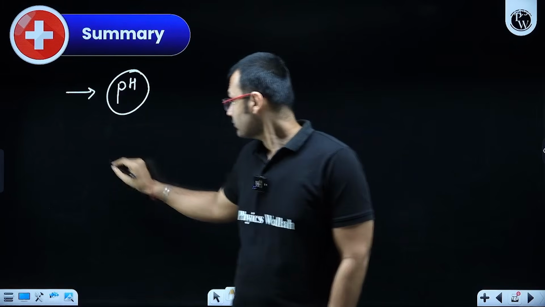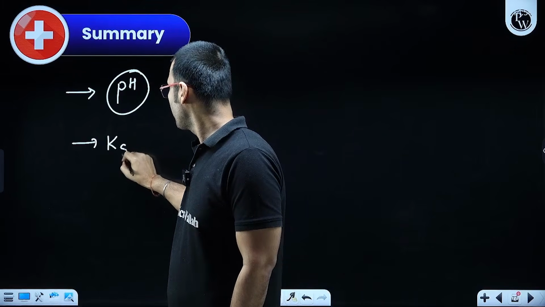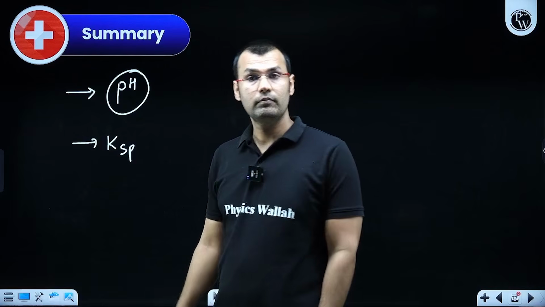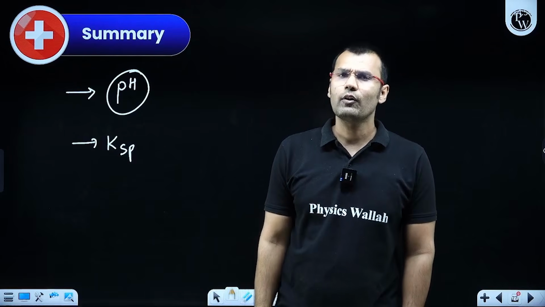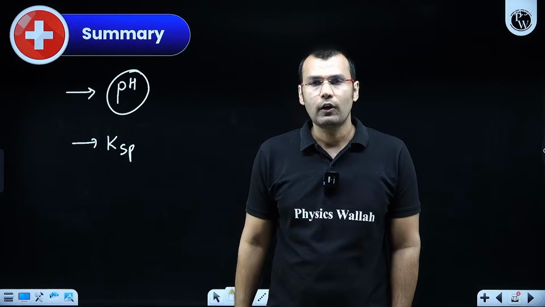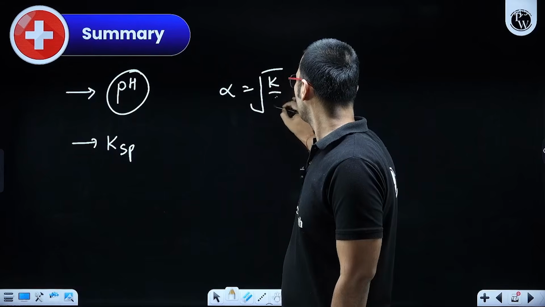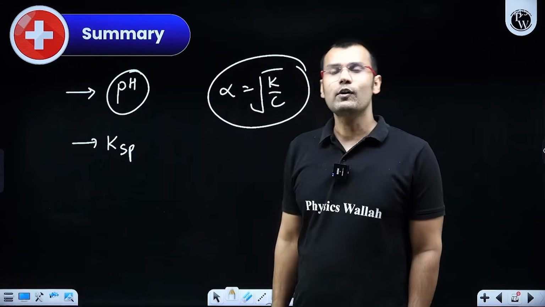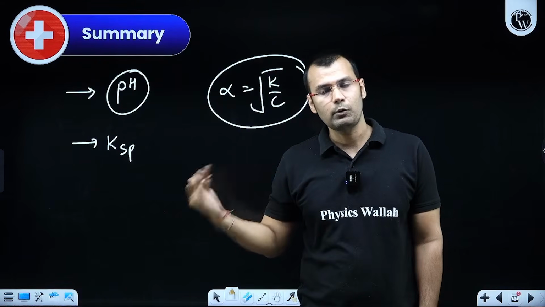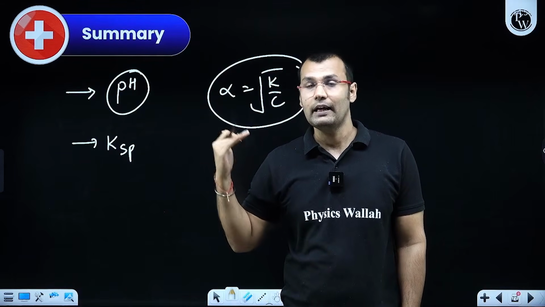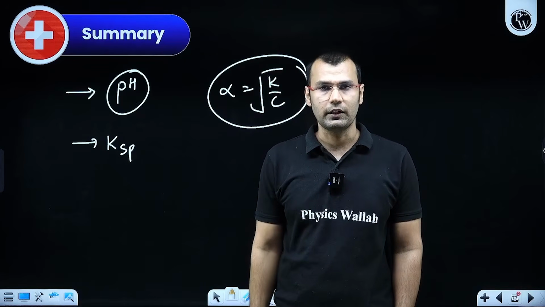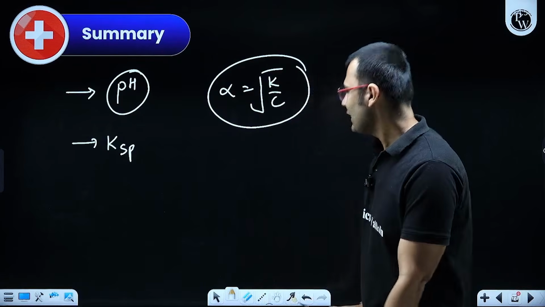And calculation of solubility product, ionic product, right? That's the important point. And of course, then Ostwald dilution law, which is very important because sometimes we get direct questions from this. Of course, concept of acid base according to Arrhenius, Bronsted, and Lewis. From that also you get questions. So we are done with this chapter now.